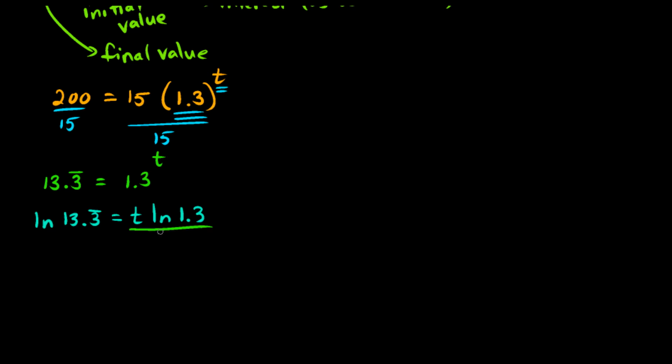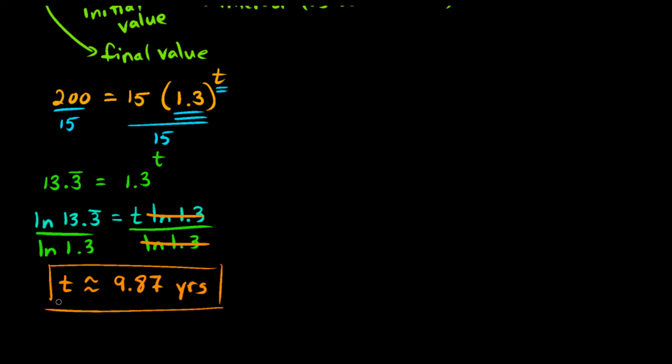So in order to solve for t, I would now divide both sides by the ln of 1.3. That will cancel here and here. So t is going to be roughly 13.3 repeating divided by ln of 1.3, which gives roughly 9.87 years.